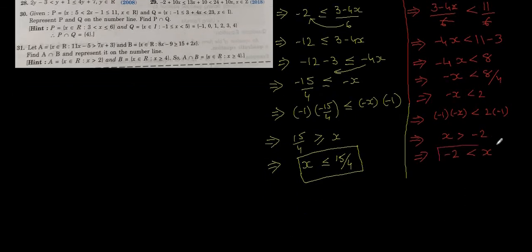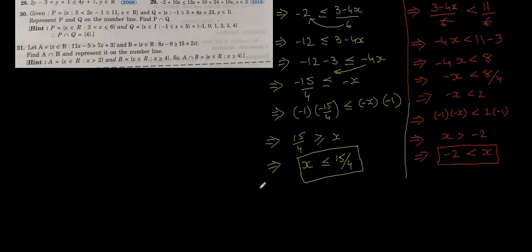Now if I bring minus 2 this side, minus 2 is less than x. So I got another equation that I'm going to put in a box. So here x is less than or equal to 15/4 and minus 2 is less than x. Understood?